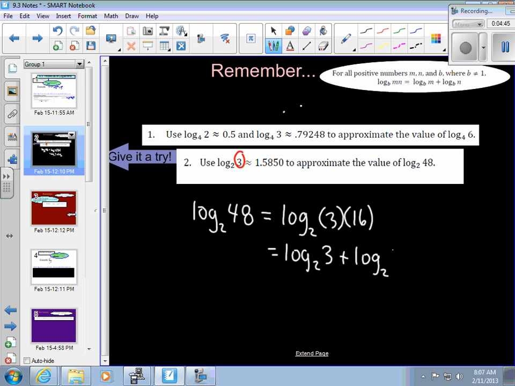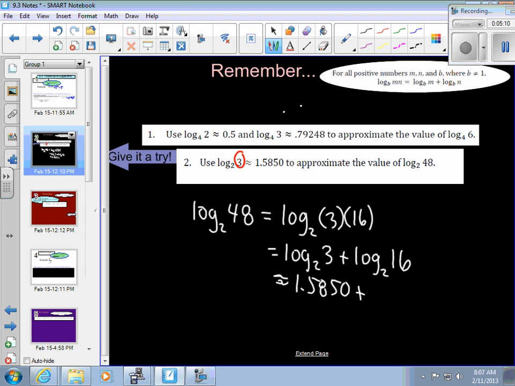Now log base 2 of 3, we know from the approximation they gave us, is going to be about equal to 1.5850, plus. Now this one we don't know the approximation: log base 2 of 16. But remember, logs are the inverse of exponents.